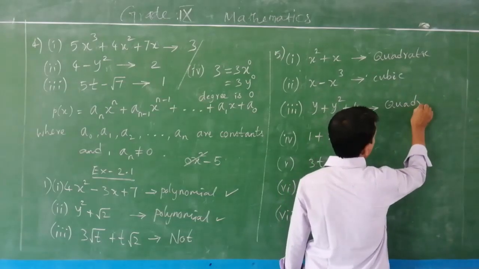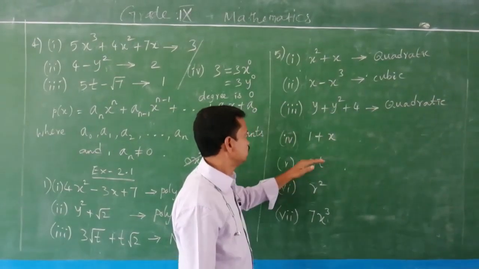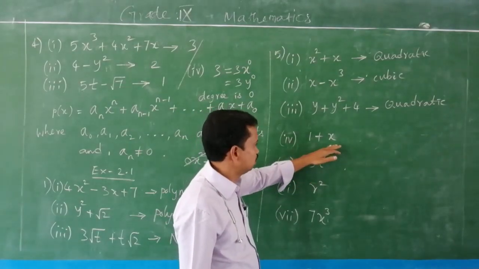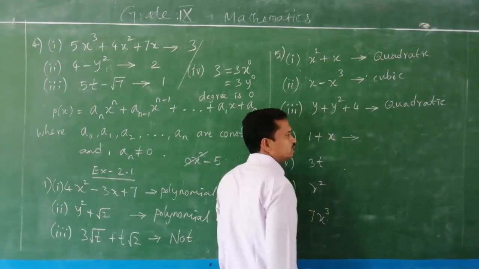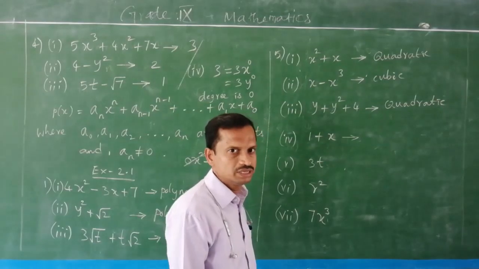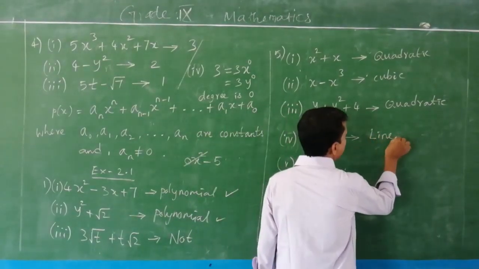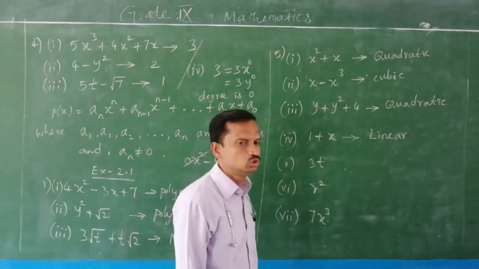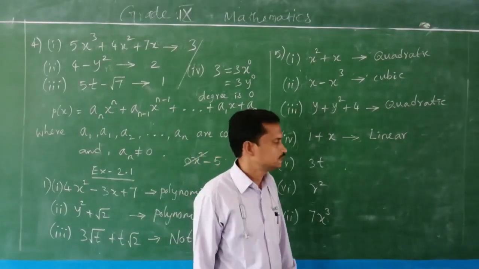Very easy, just keen observation. Next, 1 plus x. Here the variable is x and its highest power is 1, so it is degree 1, a linear polynomial. If the degree is 1, it is called linear. If the degree is 2, it is quadratic. If the degree is 3, it is cubic.